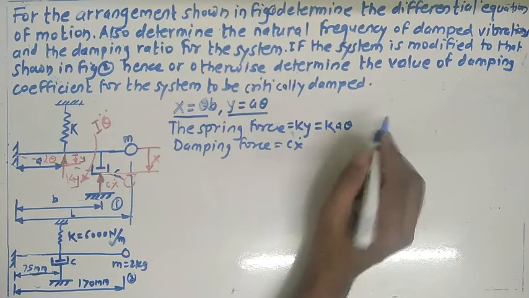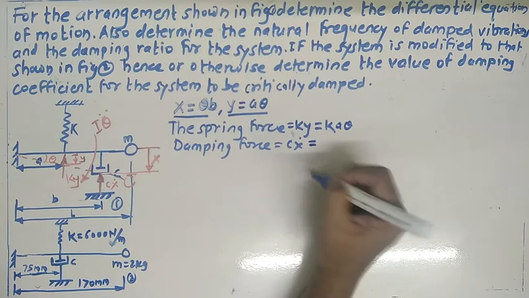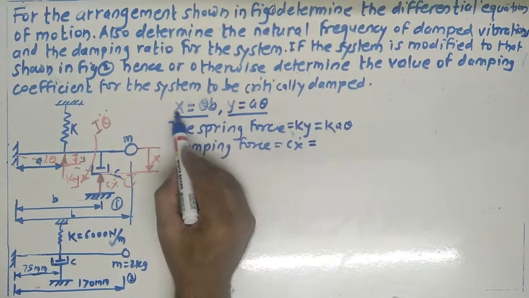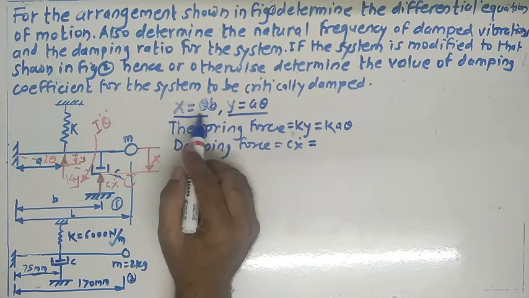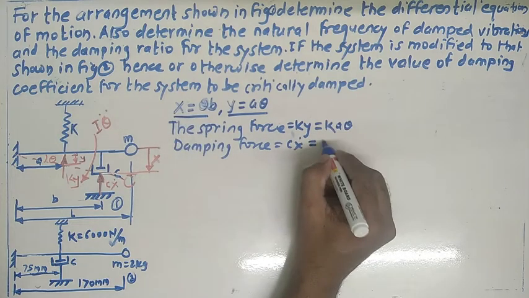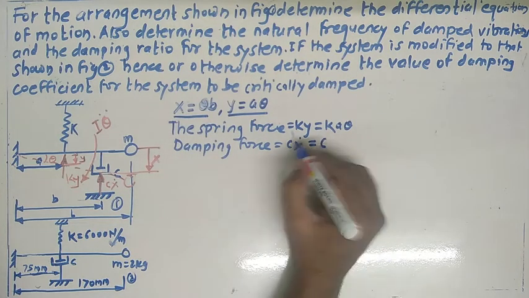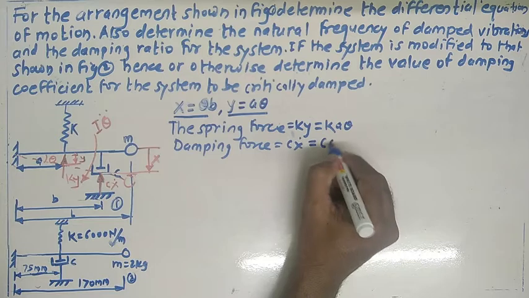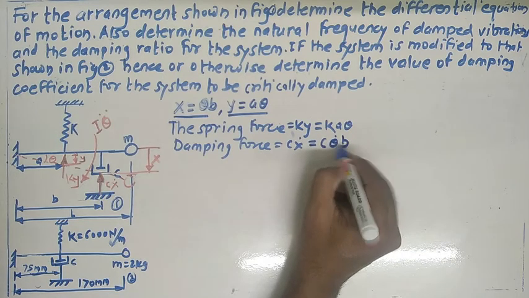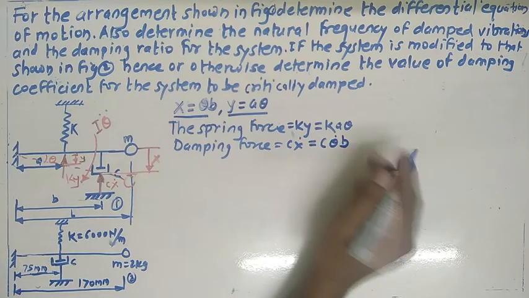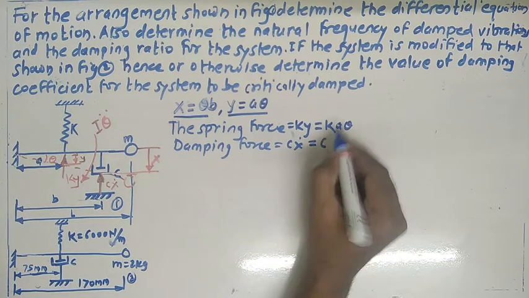For x single dot, if we differentiate the relation with respect to time t, we get c x dot equals c b multiplied by theta single dot.